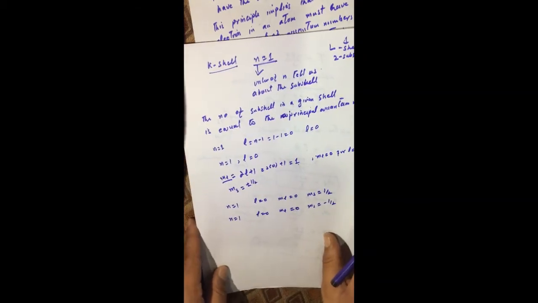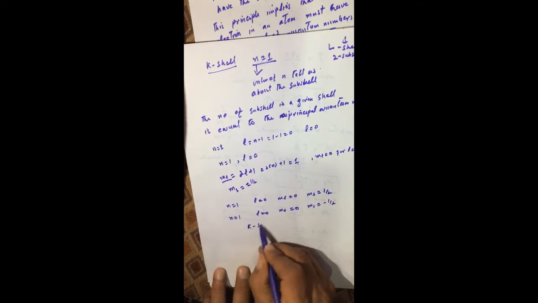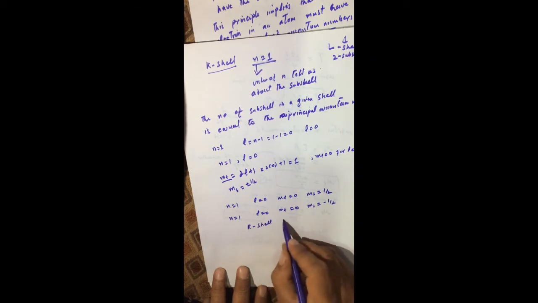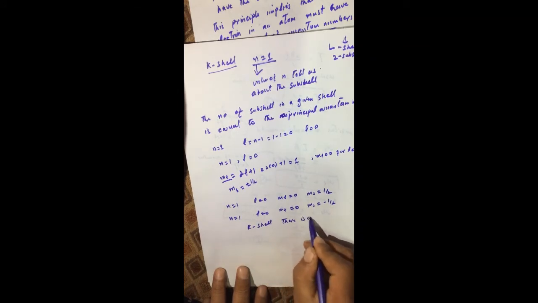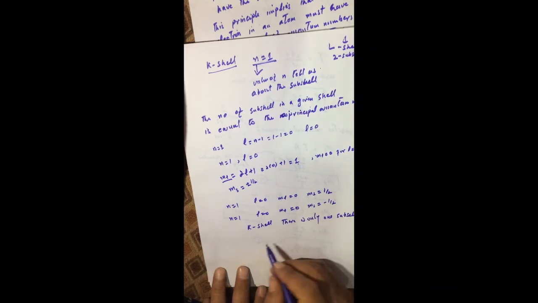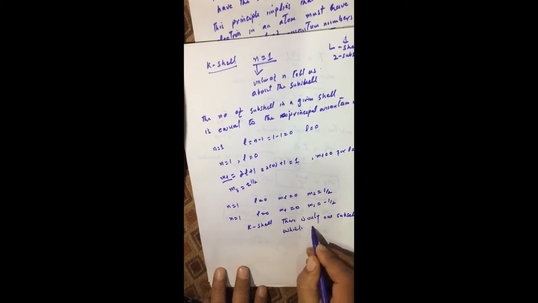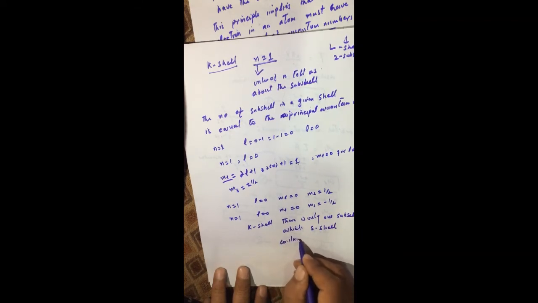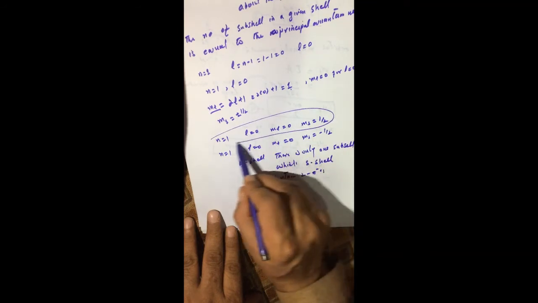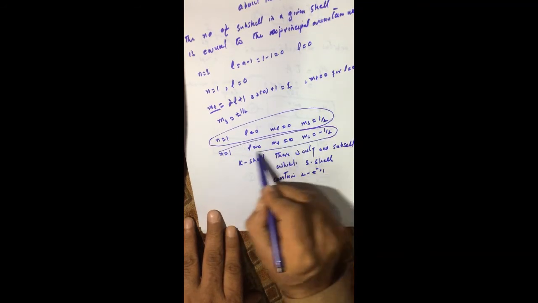So it means that in the K shell we have only one subshell, which is the s subshell, and this s subshell contains two electrons, one with these quantum numbers and the other one with these quantum numbers.